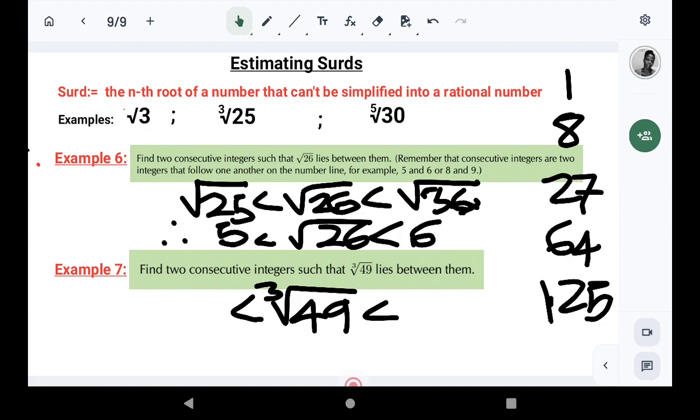So we write that to the left, cube root of 27. And the smallest cube bigger than 49 is 64. So we'll write that to the right hand side, cube root of 64.